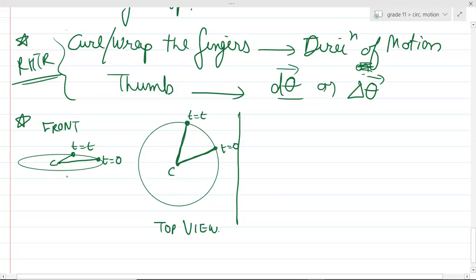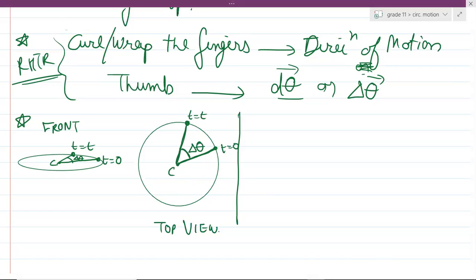Is this clear, guys? Can you see both the cases? Can you see this angle? This angle is basically your delta theta vector. Can you see the particle is moving from A to B?